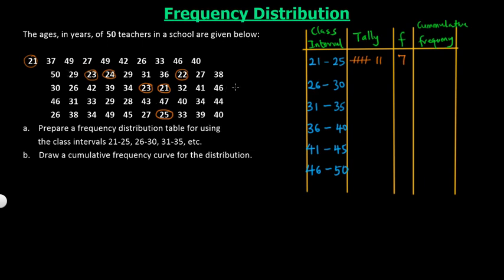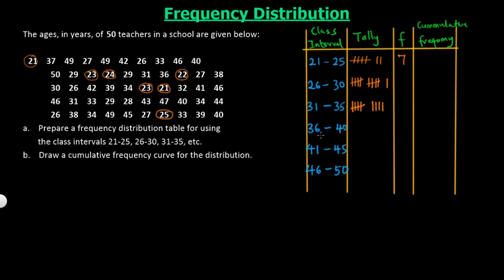So for 26 to 30, we have 1, 2, 3, 4, 5, 6, 7, 8, 9, 10, 11. We have just 11. You can pause this video and look through. We have 9 for the next one, 31 to 35.